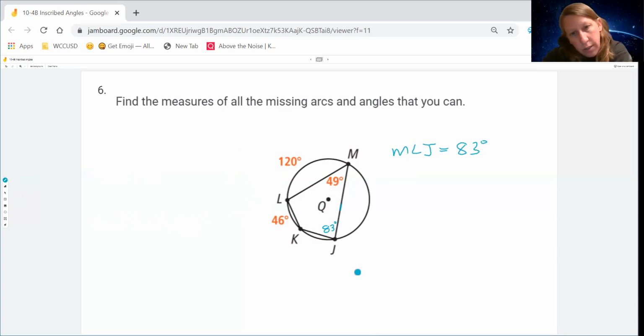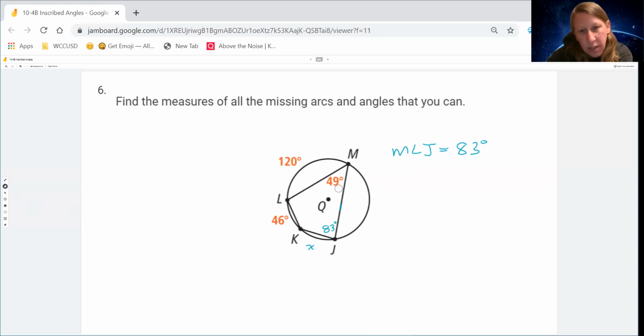Or I could make it hard on myself and I could try to find the measure of arc KJ. That would be kind of fun to try to find. And I know that that is going to be, let's see, I think I'm going to get in trouble starting that way. Let me start with this way.